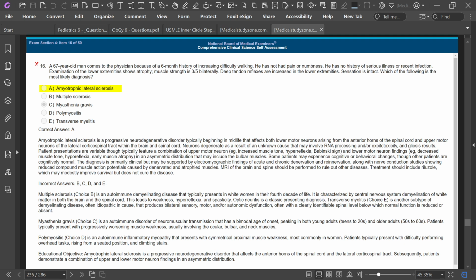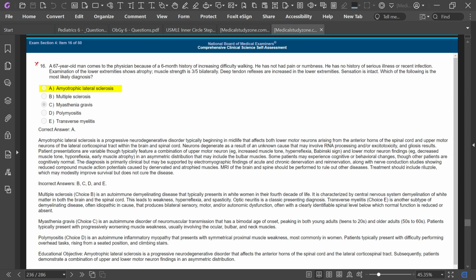Some patients may experience cognitive and behavioral changes, though other patients are cognitively normal. The diagnosis is primarily clinical but may be supported by electromyographic findings of acute and chronic denervation and reinnervation.